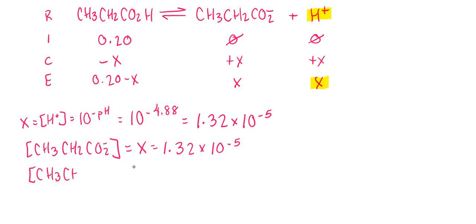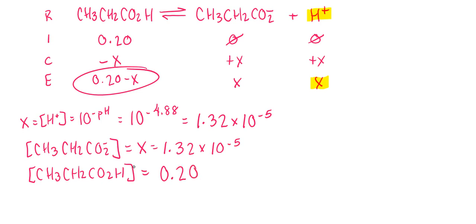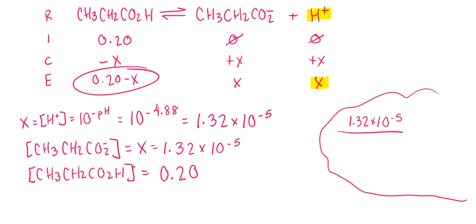And again, we are going to assume that x is negligible. So for my weak acid, I'm just going to plug in the initial concentration. We can check to make sure that it is negligible because now I know what x is. Again, we're going to do x divided by the concentration of the weak acid and multiply by 100.